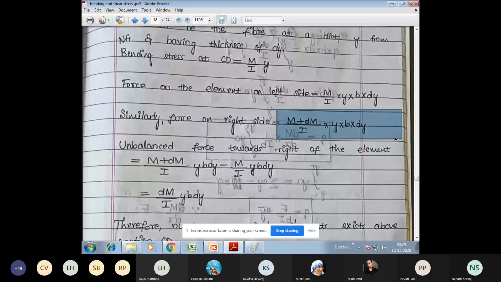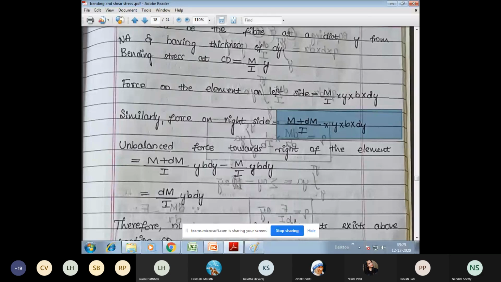Don't you feel that there is some unbalanced force, a difference of force? At the right side you have one force, at the left side you have one force. When you subtract these two, is it not an unbalanced force? Right. So let me calculate the unbalanced force now.